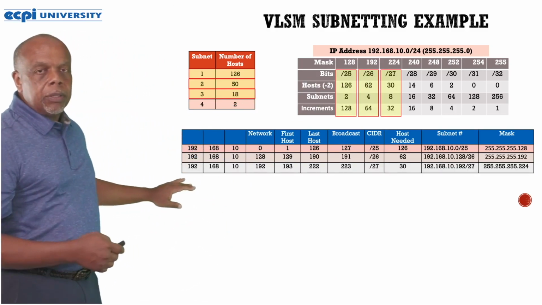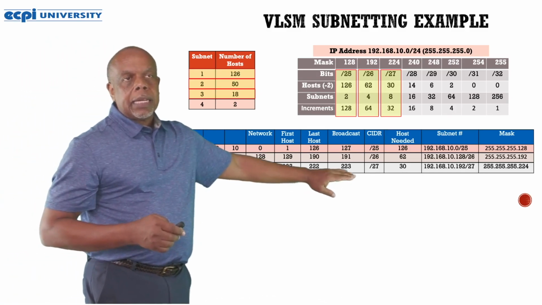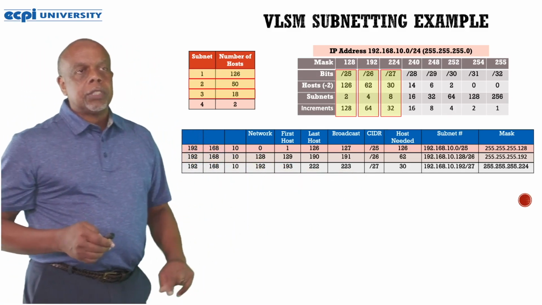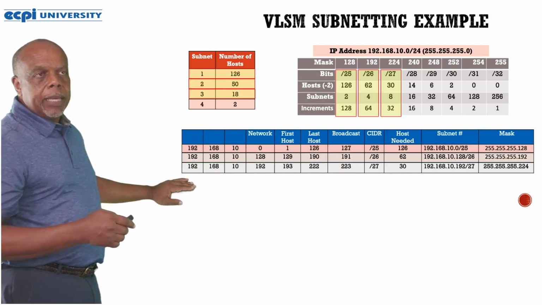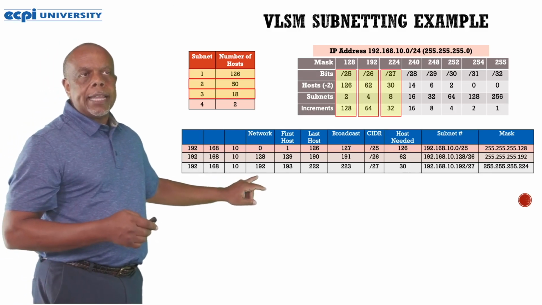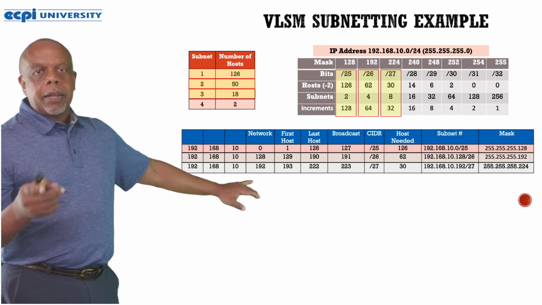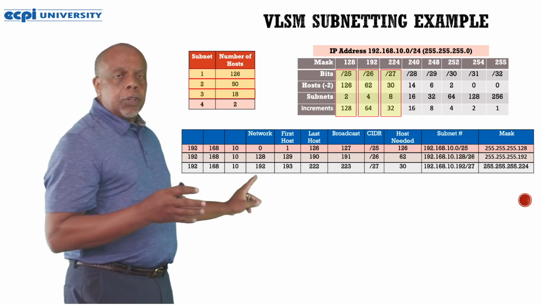And if we look at our build, yeah, here we go. Now I'm going to start where my last one left off, which was 191. So for my third subnet, it's going to start with 192.168.10.192. And I'm incrementing at 32, so I'm going to have 32 IP addresses.